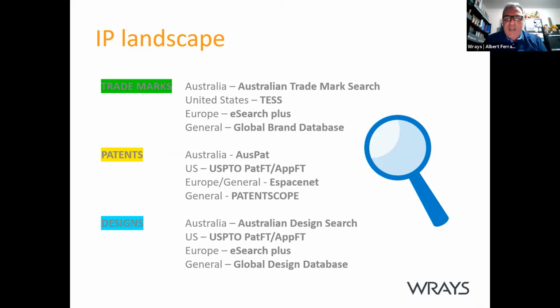Really helpful to get an idea of what's happening in the space, who the customers potentially are, who the competitors are, are there any roadblocks, are there any pre-existing rights we need to be mindful of. There's a lot you can get information about by doing some initial searching in the right places. These searches might inform subsequent searches that you then have your patent attorneys like Wrays or your search providers conduct for you.